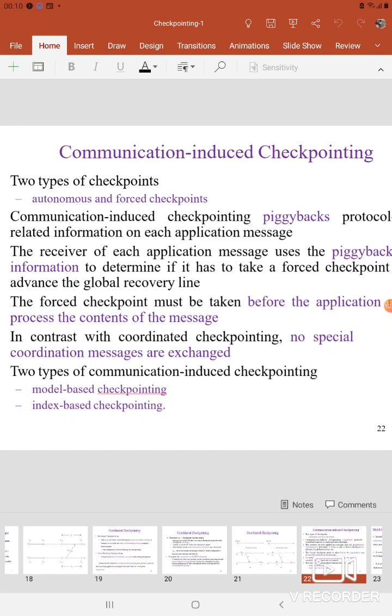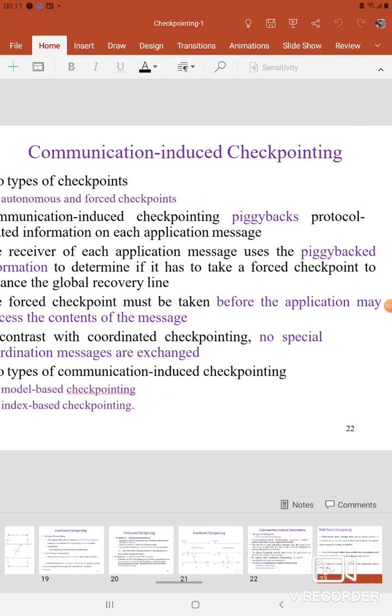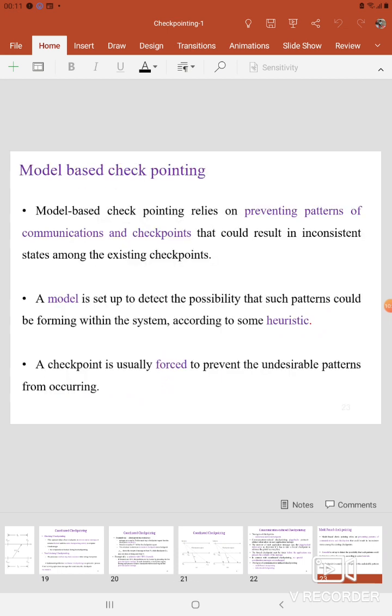In communication induced checkpointing, we have two more types: model based checkpointing and index based checkpointing. So what is model based checkpointing? Here you have to build a model. This model is used to detect the patterns that lead to checkpoint inconsistency. That is, you have to prevent the patterns of communication and checkpoints that could result in an inconsistent state.